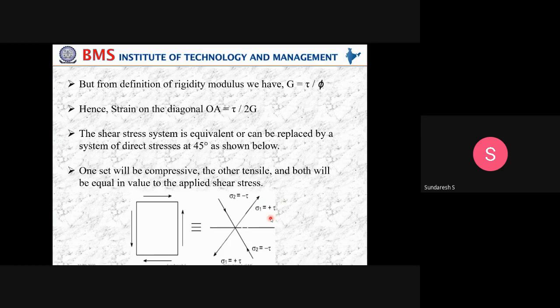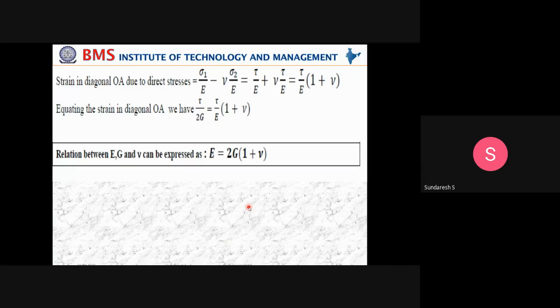Now we have to write the strain along diagonal OA by using the generalized Hooke's law. This is what we have done in the next slide.